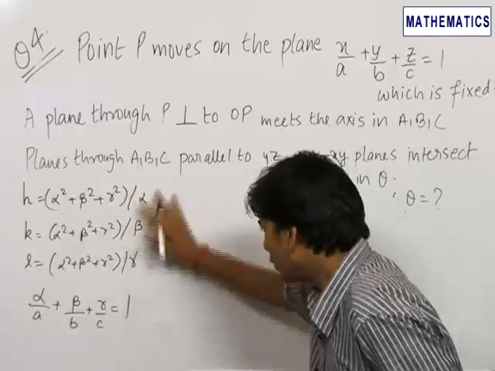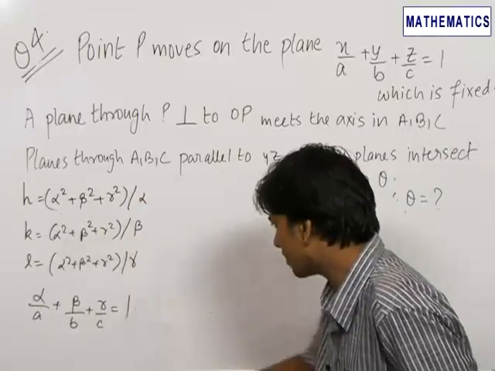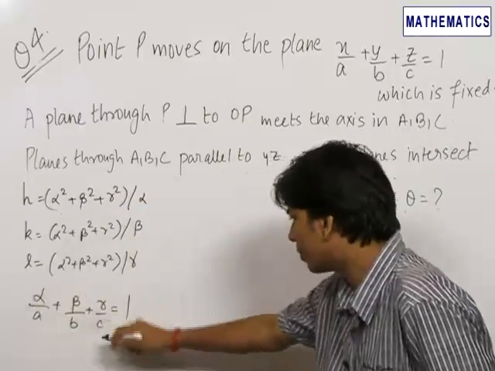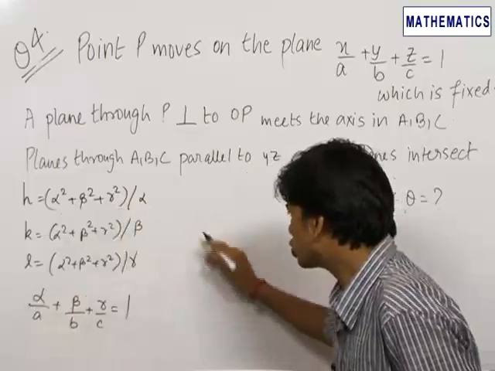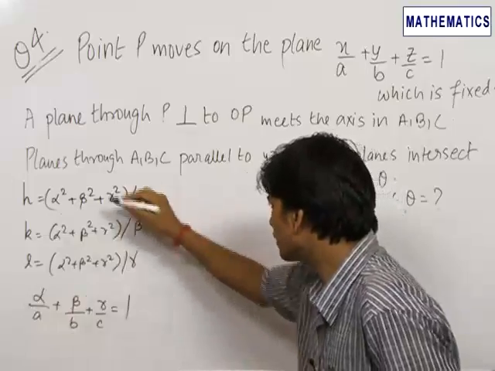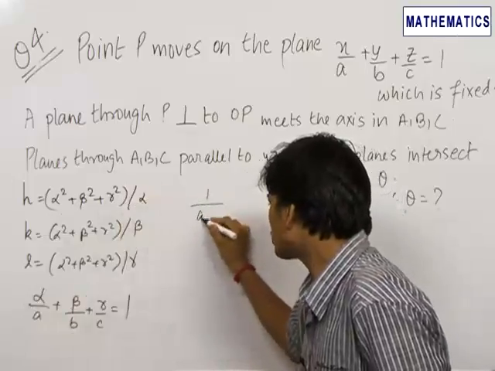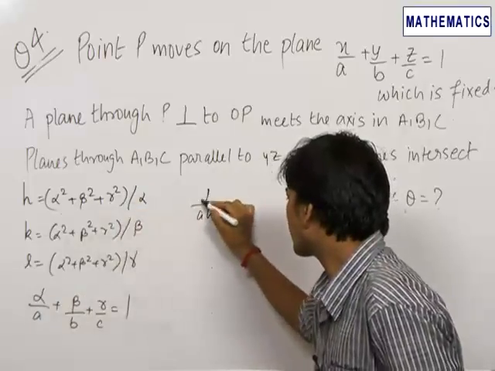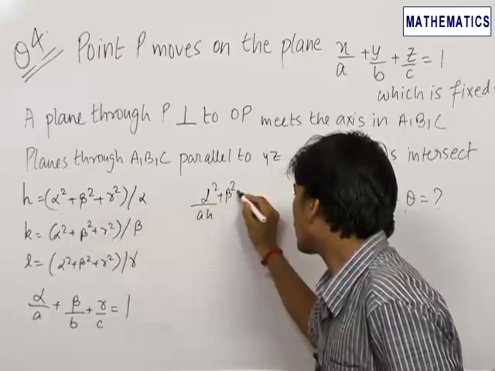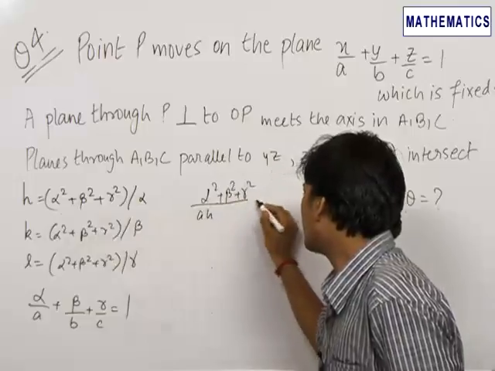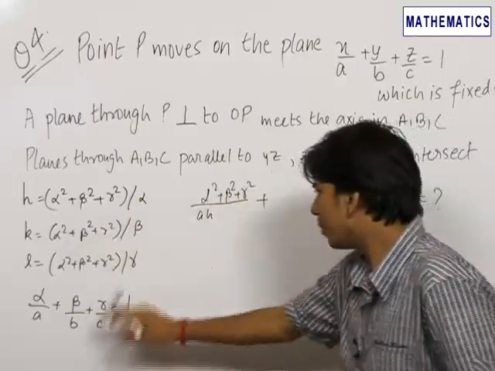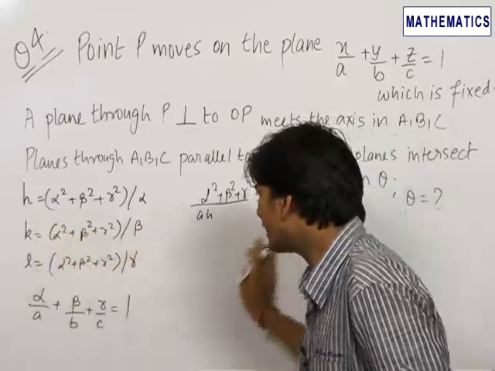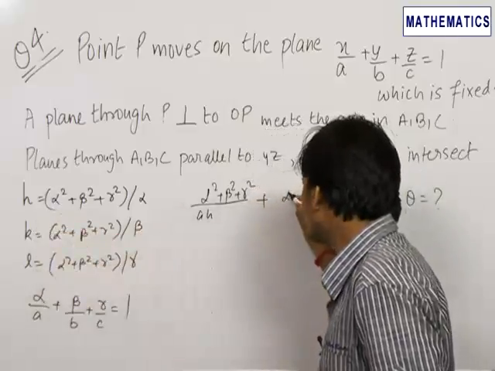So if you look at these equations, let us first use this by substituting the values of alpha upon A, beta upon B, gamma upon C from here. So we get alpha upon A is equal to 1 upon AH into alpha square plus beta square plus gamma square, plus beta upon B. We take beta and divide by B to get alpha square plus beta square plus gamma square.